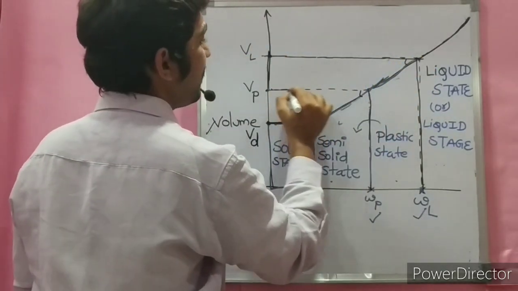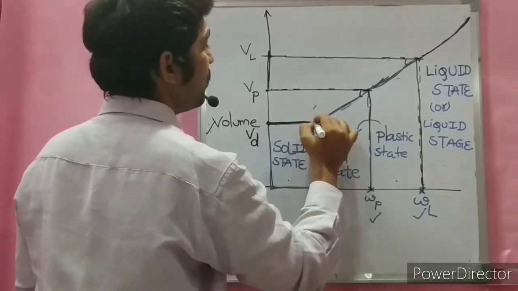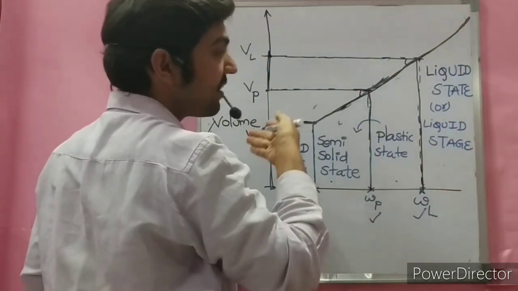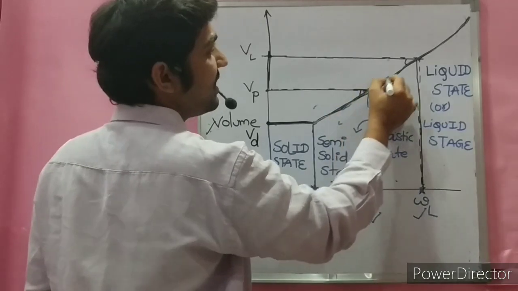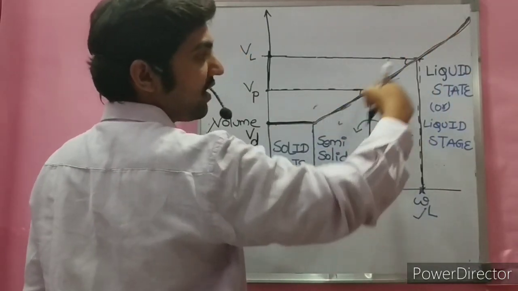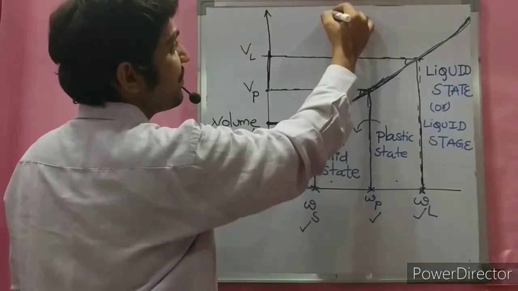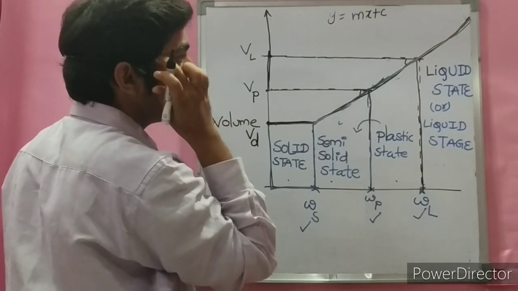So the slope of the curve remains the same at every state. There will be no change because it is continuously rising, or you can interpret it another way, continuously falling. The slope of the line does not change here. The line goes on increasing. So the slope or gradient of the line does not change. Y is equal to mx plus c, like that it is in this form.